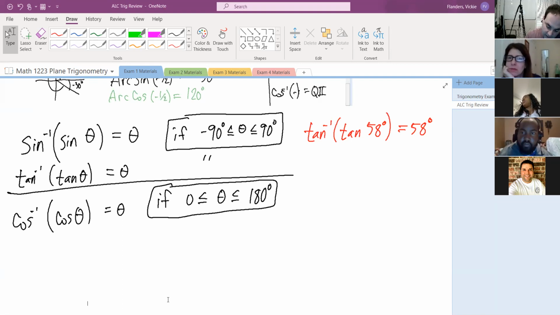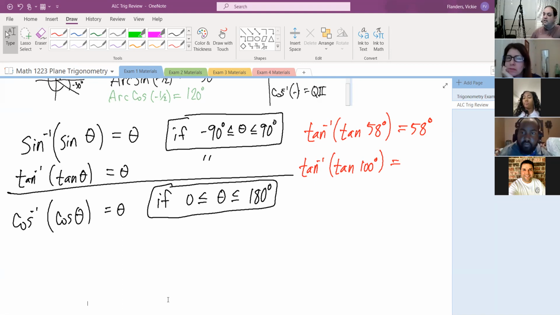However, if I were to do inverse tangent of the tangent of 100 degrees, notice I will not get 100 back as an answer. 100 is not in that restricted area of tangent, okay? In fact, it's in a negative region for tangent.